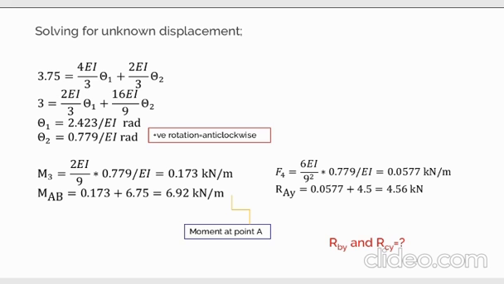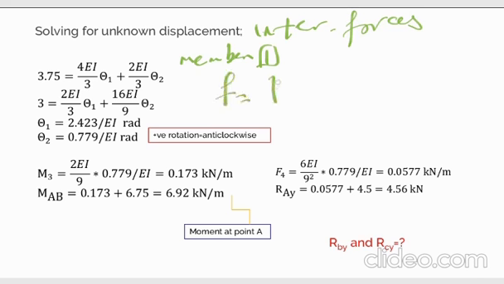Maybe you will not understand from this slide. Internal forces, member number 1, the general law is F equals K D plus F FEM, fixed end moments.